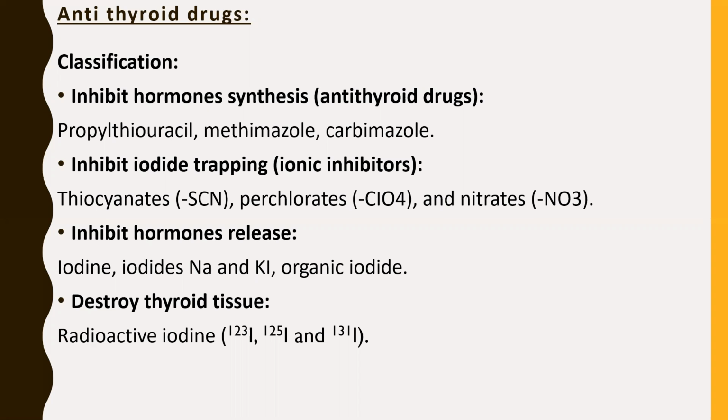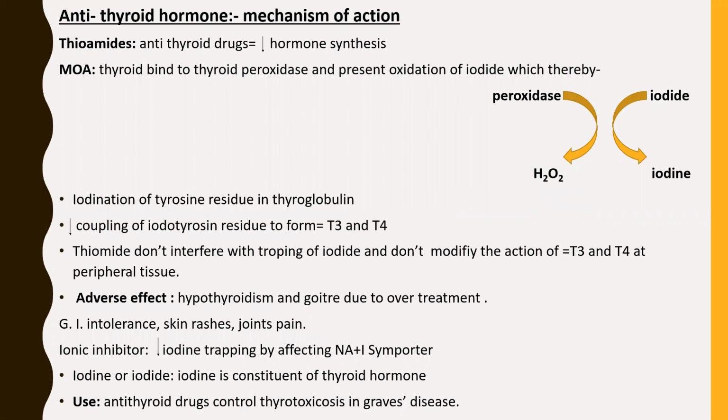Inhibit hormone release: first is iodine, iodide, sodium and potassium, and inorganic iodide. Destroy thyroid tissue: radioactive iodine. First is I-123, second I-125, and last is I-131.